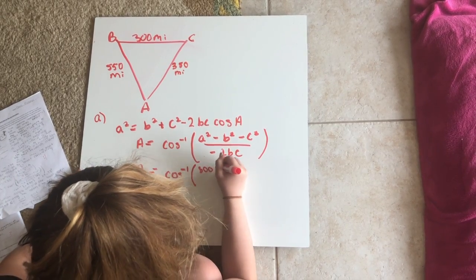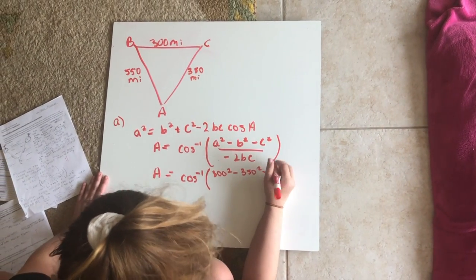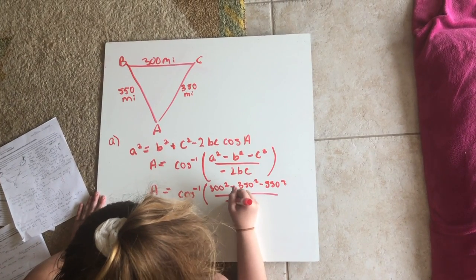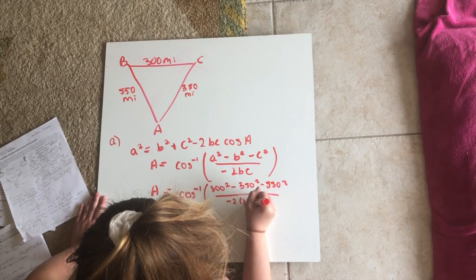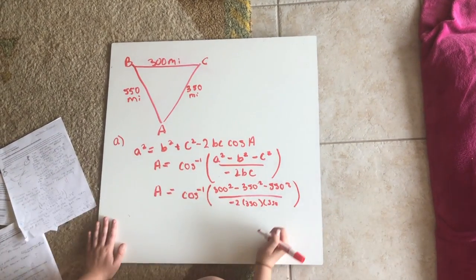So you plug in your values and you get A equals cosine inverse of 300 squared minus 350 squared minus 550 squared over negative 2 times 350 times 550.